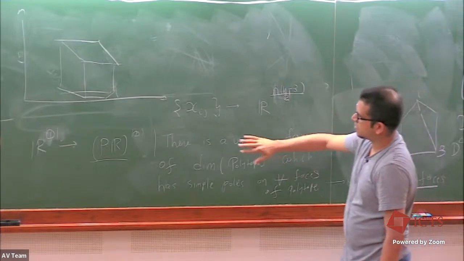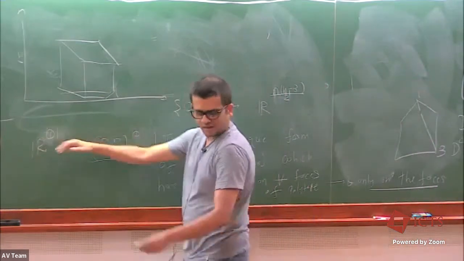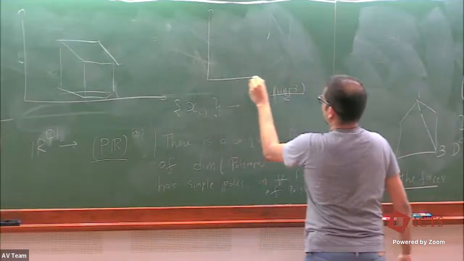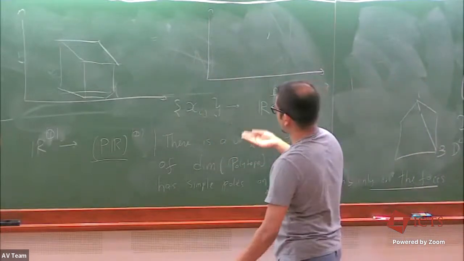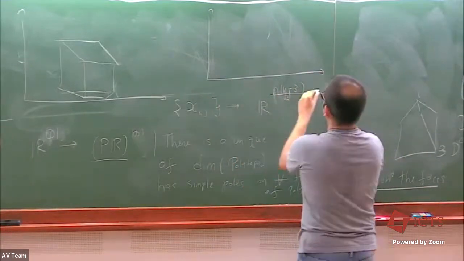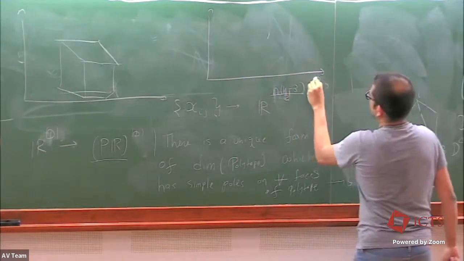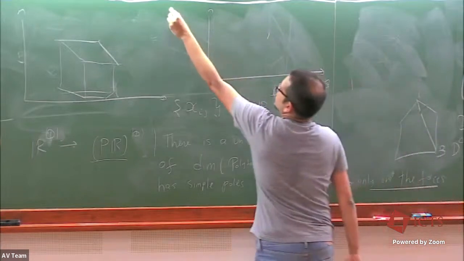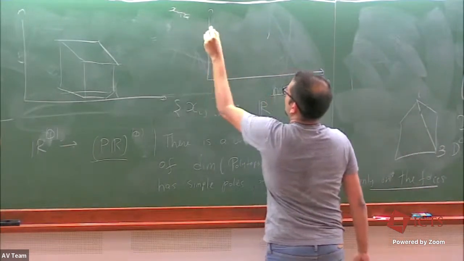This form lives on this space. I could start with the form in the big space, but it wouldn't matter. Just to give you an example, in the previous case, we have x13 and x14 in which we realize the polytope.